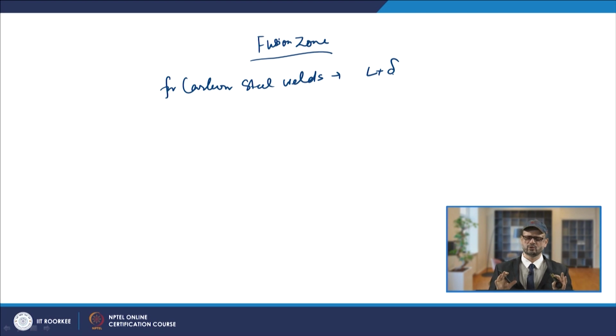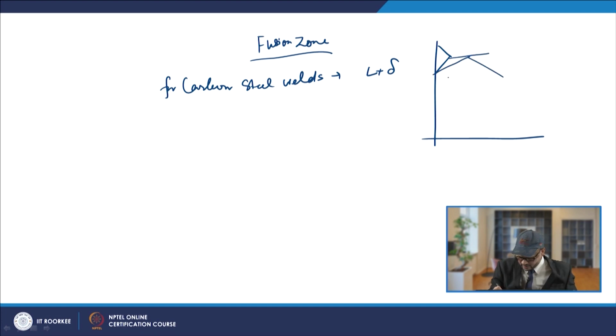Normally this fusion zone is quite sharp. If you refer to the iron carbon diagram, as you know, you have the delta ferrite, and then you have the gamma, and this is your delta ferrite, and this line is going like this.